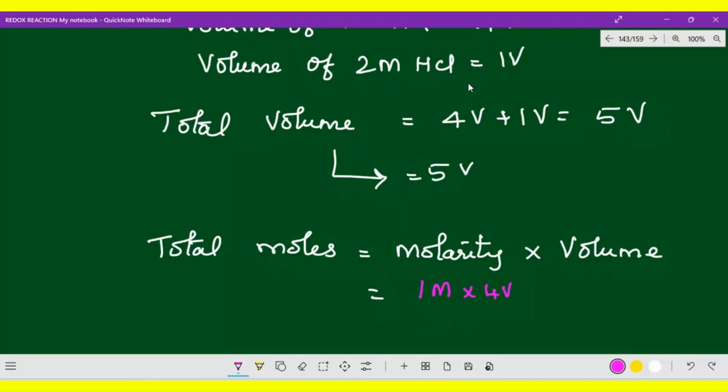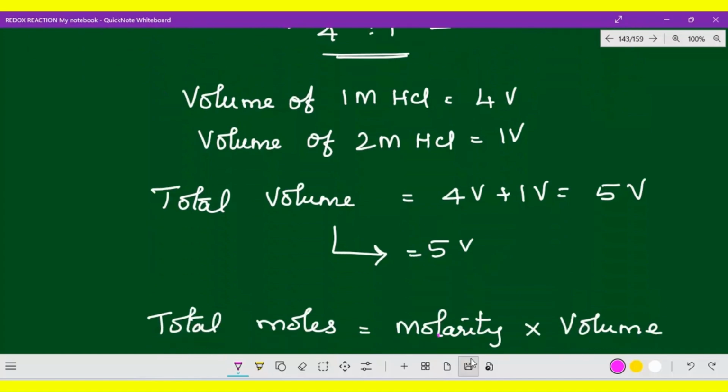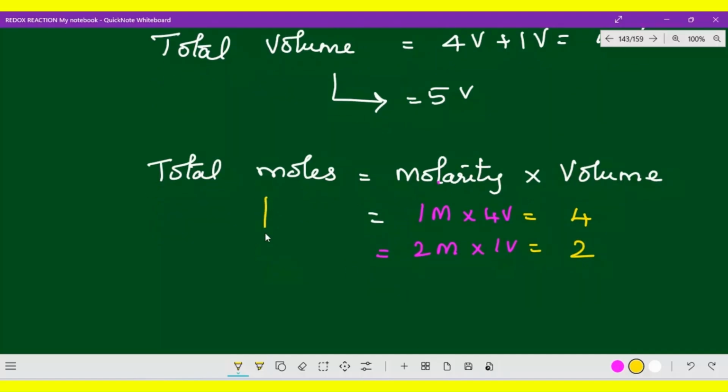So the first one is 1, and the second one is 2M. 1M HCl and 2M HCl. So 1M HCl into 4 volume, and the second one, 2M HCl into 1 volume. So you will get 4 here, and here you will get 2. So altogether, total moles, 6 moles. You got it? 1M HCl related to 4 volume, 2M HCl related to 1 volume. So altogether you will get 6 moles.